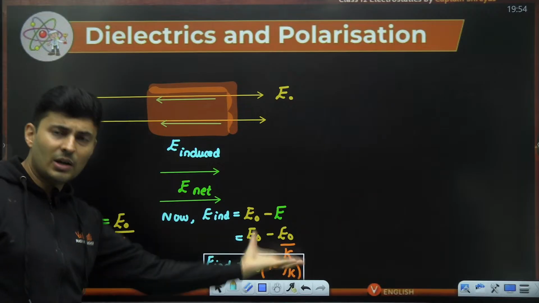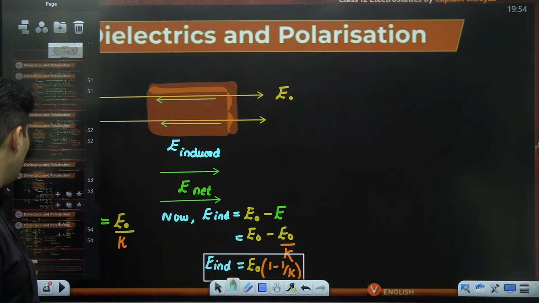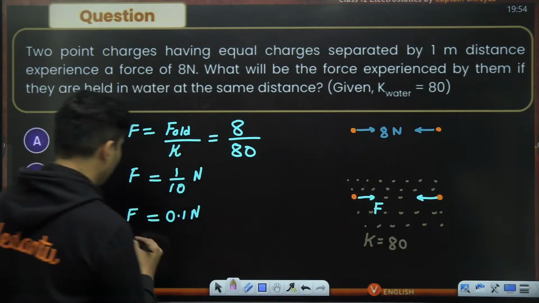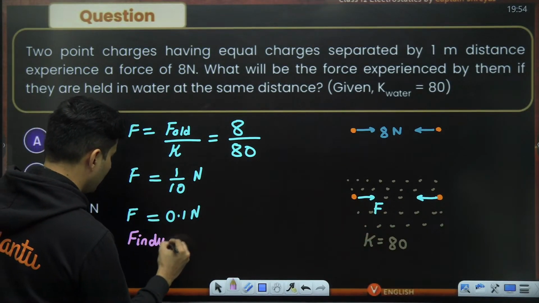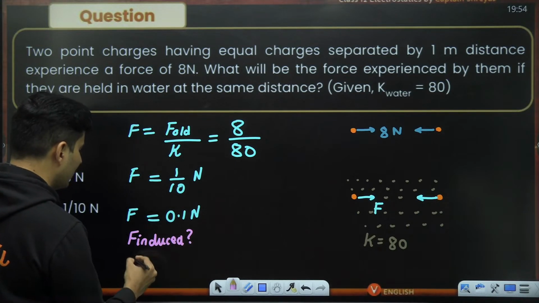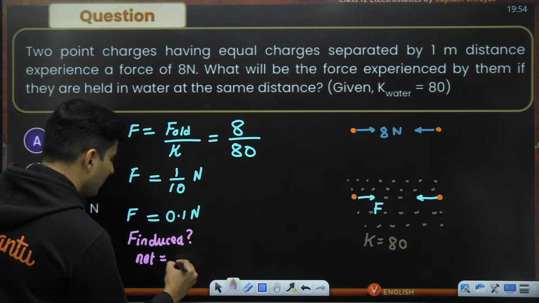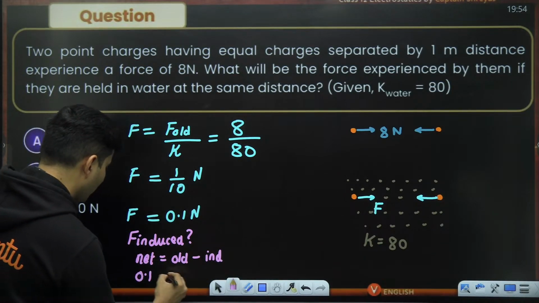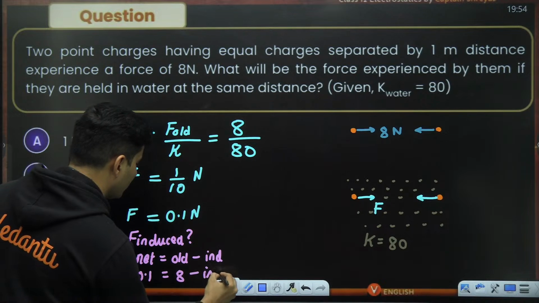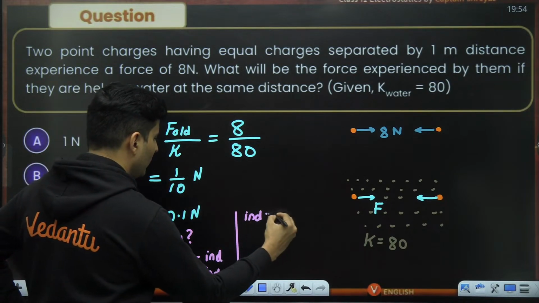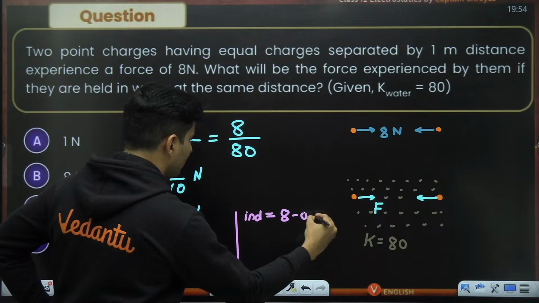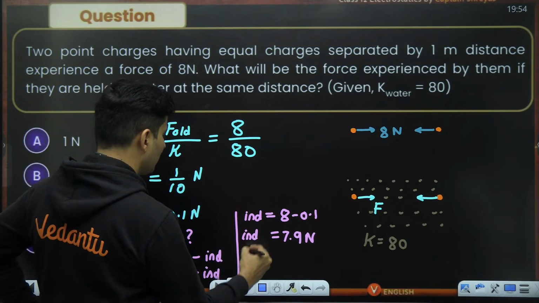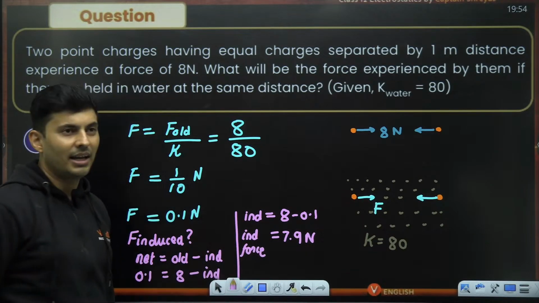You can also figure out how much induced field was there, etc. So in the same question, for example, the induced force was asked. How much force is induced? If this was asked, then I will think like this. The net force will be the old force minus the induced force. The net force is 0.1, the old force is 8, the induced force I do not know. So the induced force is 8 minus 0.1, which is 7.9 Newton.